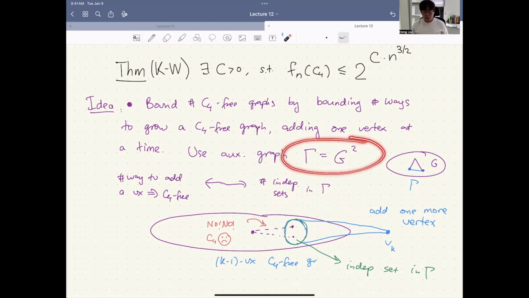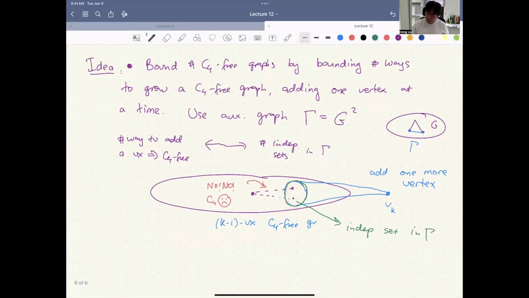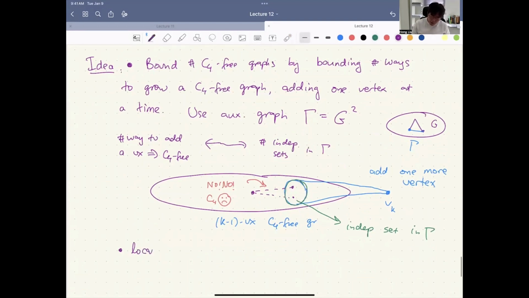And then, of course, we're going to use Kleitman and Winston's graph container. That will require gamma to be locally dense, supersaturation. This is the second idea: the local denseness, or supersaturation, of gamma follows from two things.